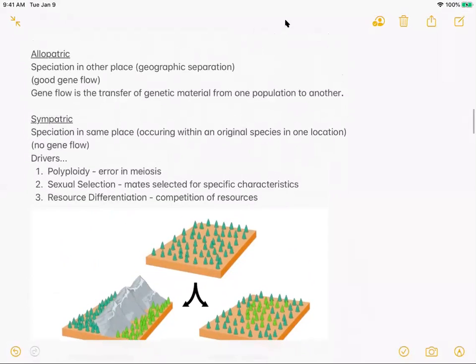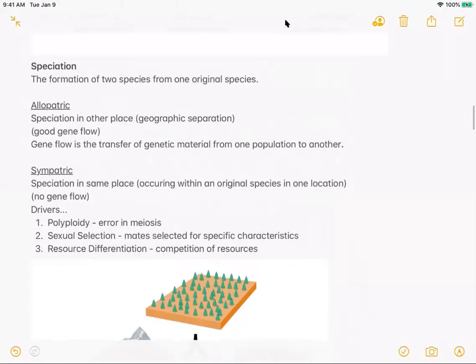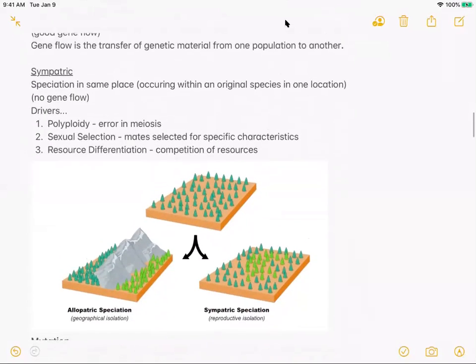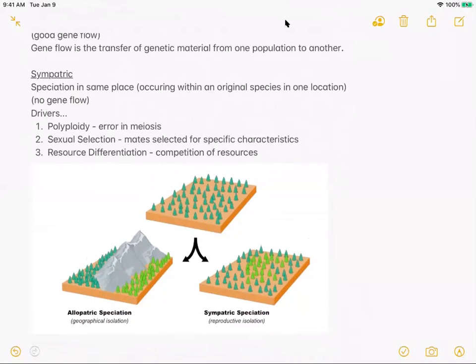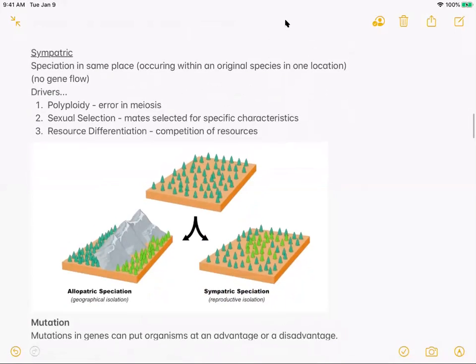So this has genetic material transfer from one population to the other. Or actually, I'm sorry. This one would have less gene flow because gene flow is basically transferring material easily. So it's difficult for genes to travel over all of those mountains to the next type of tree.